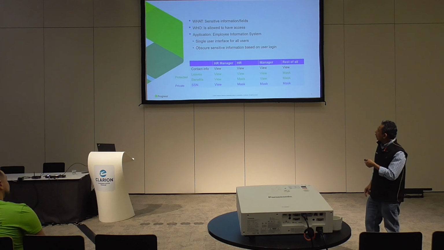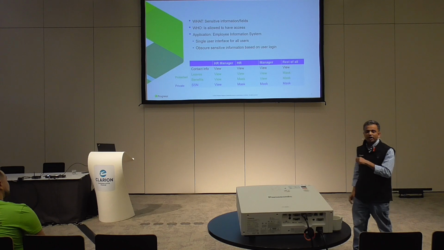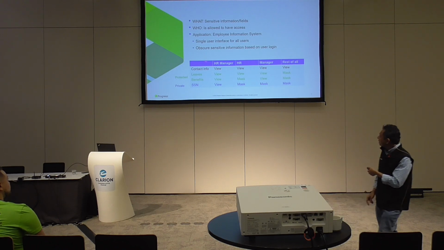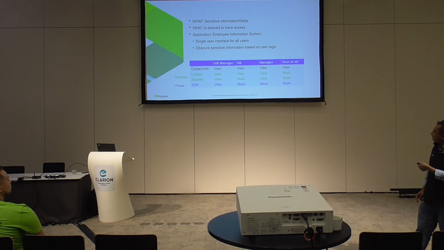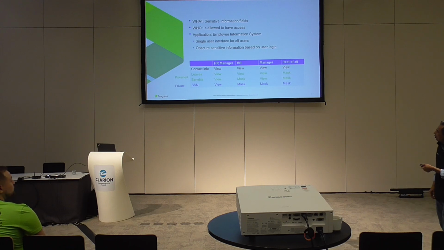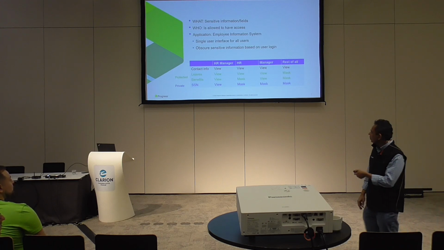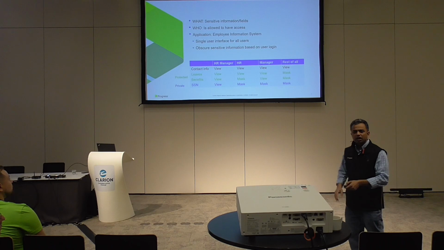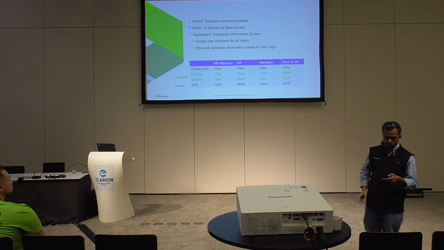Now the second question: who is allowed to access these fields? Whatever users we have, we have categorized them into various groups. First, we have the HR manager. Those people who are working as HR managers should have full access to all the data.